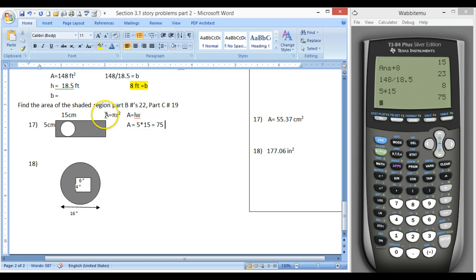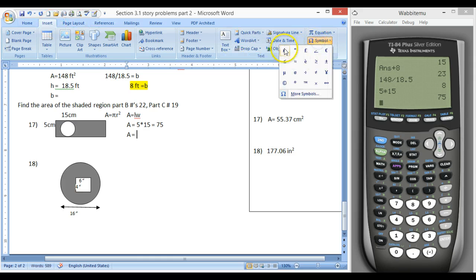Then I need to find the area of the circle, pi r squared. Area equals pi, and I'm going to insert my symbol of pi and then r, which I know because the diameter is 5 centimeters.